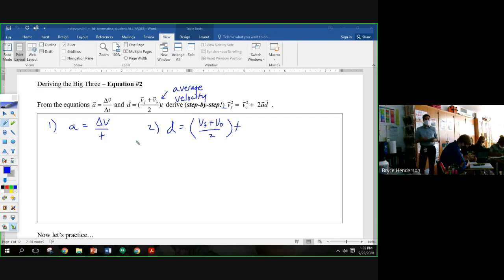So if I take this equation, let's rearrange it in terms of time. We would have t equals delta v over a. The reason I'm doing that is because if you look at our final equation, the thing we're working toward up here, what is lacking in that equation?